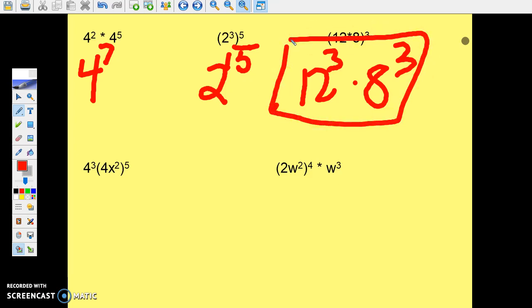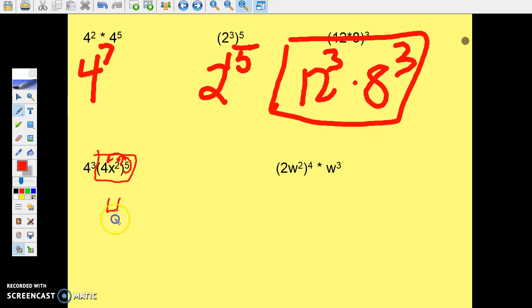Now these last 2 examples are where you are using several properties within one. The first thing I'm going to note here is that I need to simplify what's inside my parentheses first. Because I have a power to a power, I have to distribute this 5 to everything inside my parentheses.